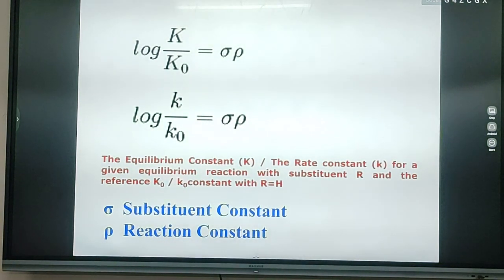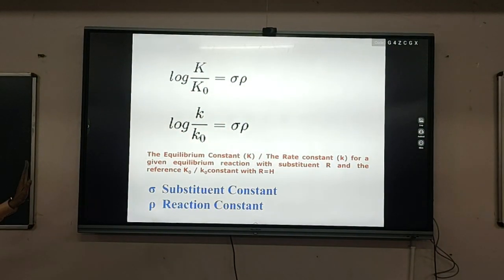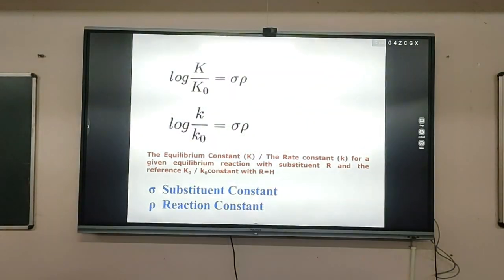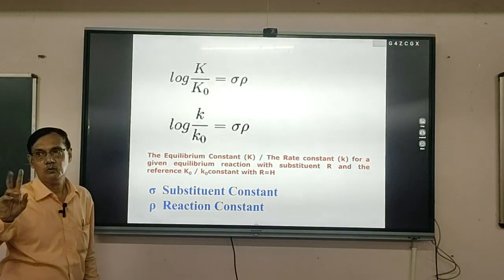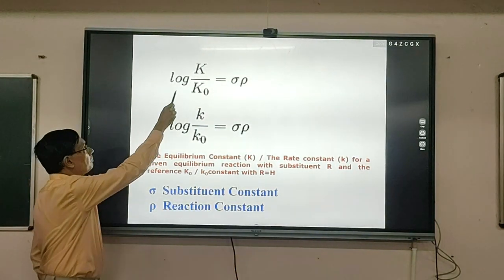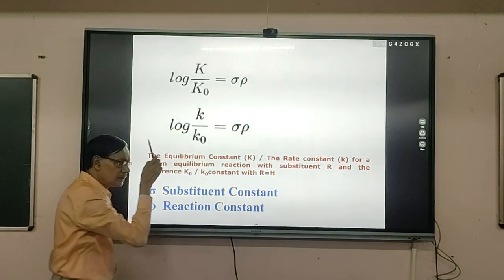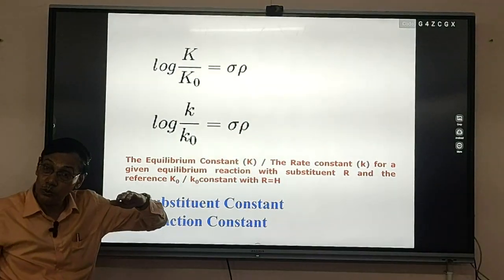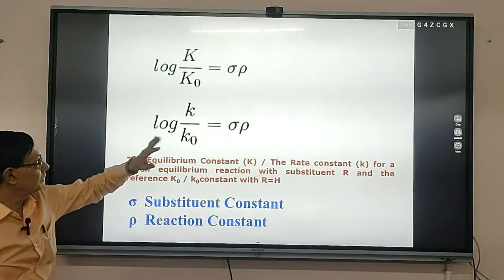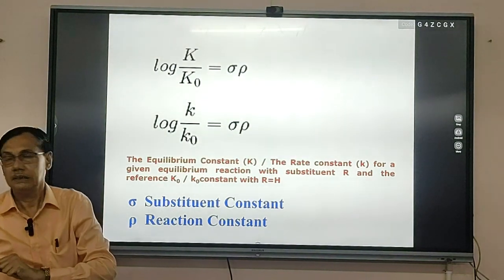Now please listen very carefully, this is the final equation, no derivation, nothing. There are two forms of the Hammett equation. One form is log of K, the equilibrium constant of the substituted benzoic acid or substrate, over K0, the equilibrium constant of the parent compound like benzoic acid.